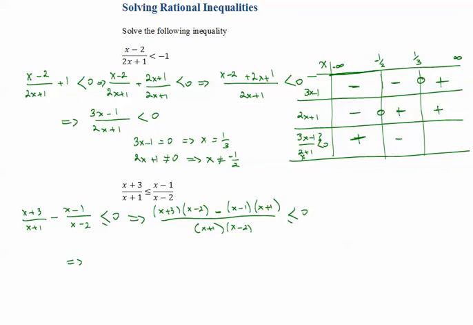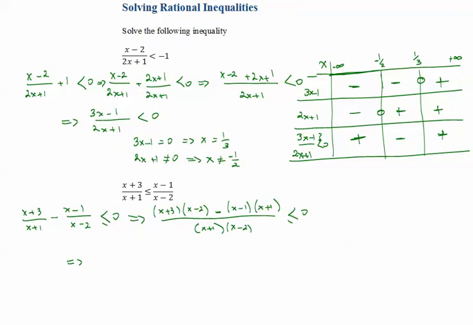So negative over positive is a negative. And here we have any value between 1/3 and positive infinity. It will make the numerator positive, the denominator positive, that means the whole thing is a positive value.